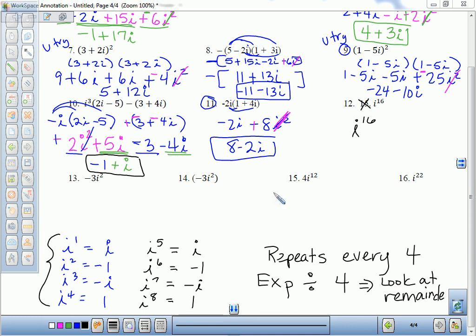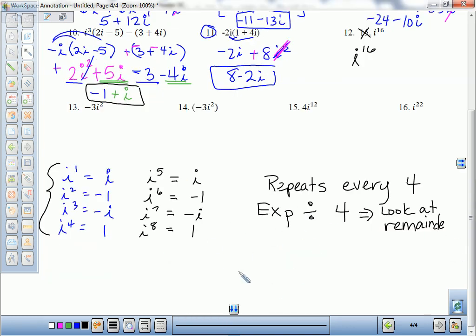Okay, so I'm going to try one that's not there. I'm going to do I to the 21st. How many times does 4 go into 21? 5. And how many are left over? What's the remainder? 1. So I to the 21st is really the same as I to the first power, which is just I.